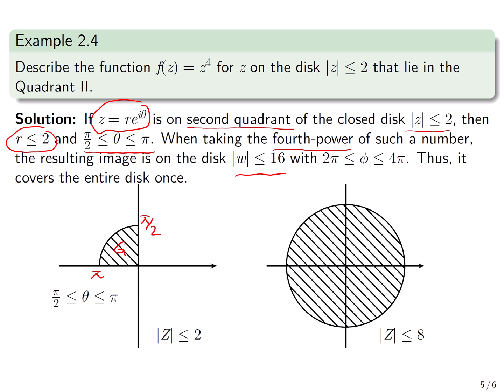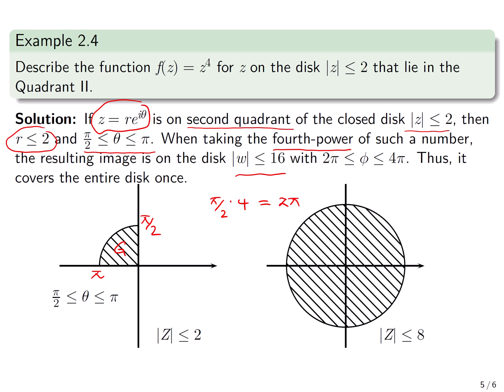When you raise to the power, the angle is multiplied by 4 and the r is raised to the power. So pi over 2 becomes 2 pi, because pi over 2 times 4 is 2 pi.